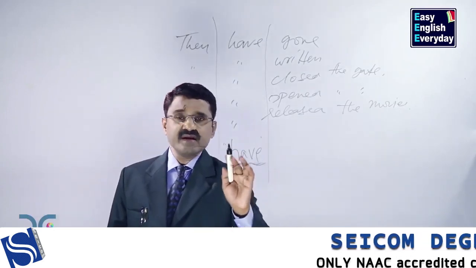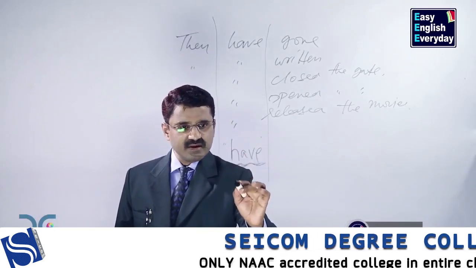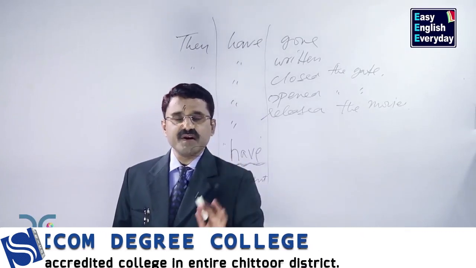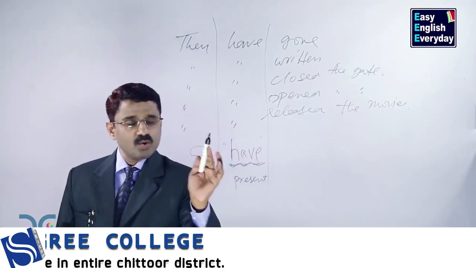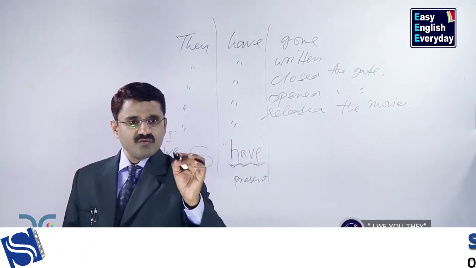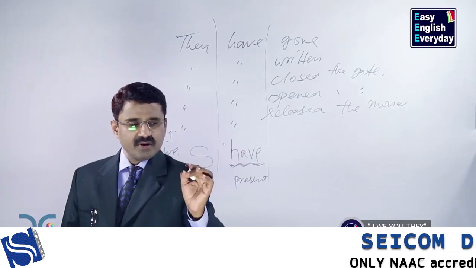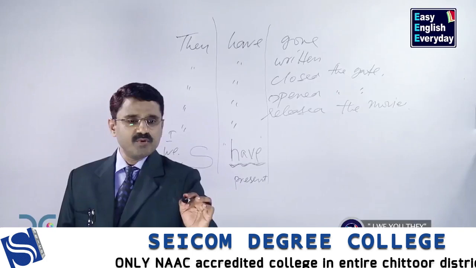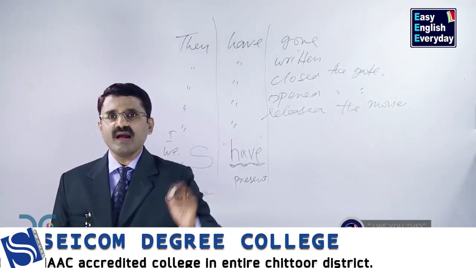He indicates present tense, and he makes friendship with 5 people. Who are those 5 people? I have, we have, you have, they have, any plural noun, children have.